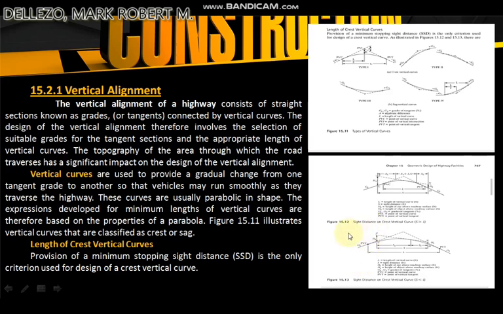In figure 15.12, the sight distance of crest vertical curves is S greater than L, where S is the sight distance and L is the length of the curve in feet.